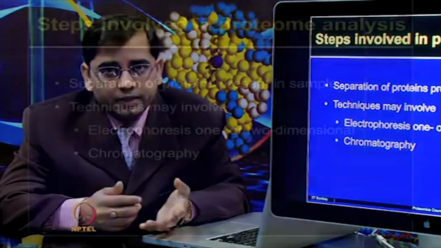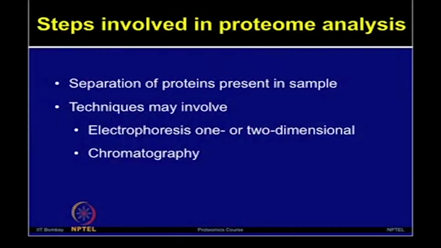One can also use different mass spectrometry-based or microarray-based technologies to study those proteins. During the course, you will come across all of these techniques, including mass spectrometry and microarrays. But let's focus on electrophoresis in this lecture.